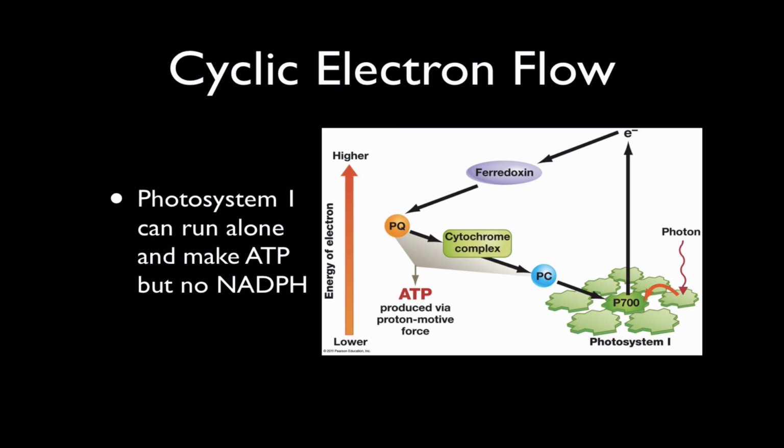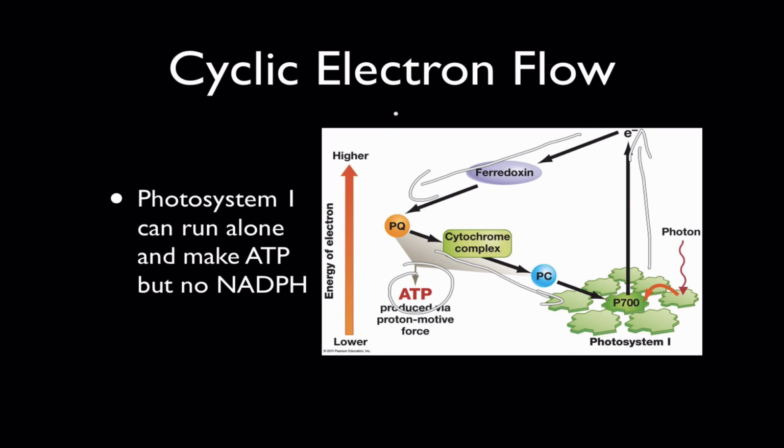Now, if you just ran photosystem 1 by itself, you get something called cyclic electron flow. So if we completely left out photosystem 2 and just ran photosystem 1, where you bounce electrons up, run them through an electron transport chain, and make your ATP, just like we did before, but then shuttle that electron right back to where it came from, we get ATP out of this process, but we don't get any NADPH.